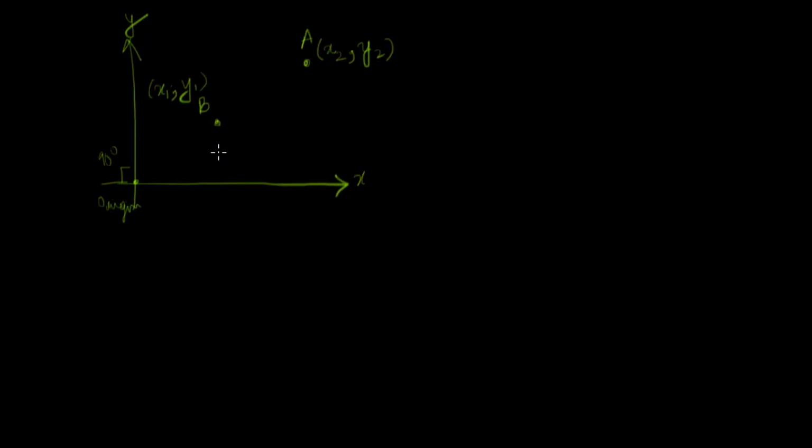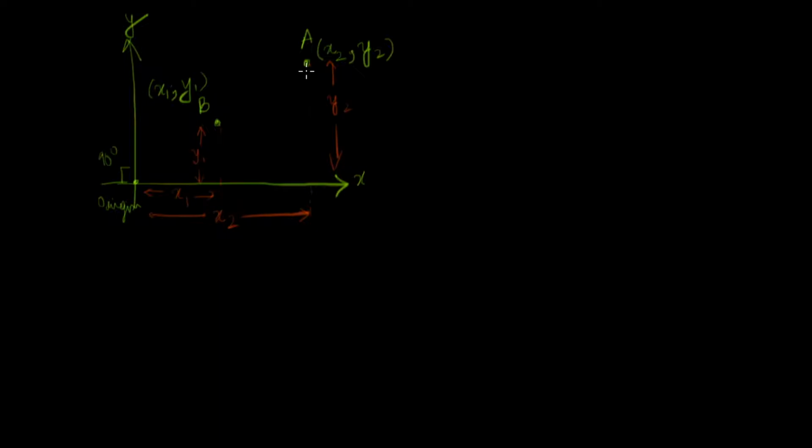We know that if we draw perpendiculars like so and like so, this distance is y2, and this distance is y1. Similarly, this distance is x1 and this distance is x2, right there.